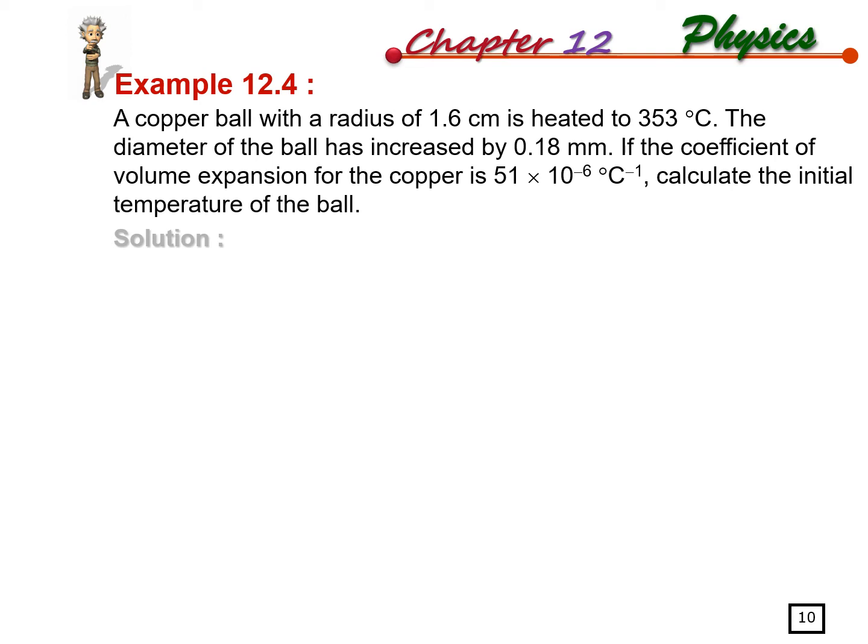Okay, example 12.4. You have a copper ball with a radius of 1.6 cm, heated to 353 degrees Celsius. The diameter of the ball has increased by 0.18 mm. If the coefficient of volume expansion for copper is given as 51 times 10 to the power of -6 per degree Celsius, they wanted to calculate the initial temperature of the ball.